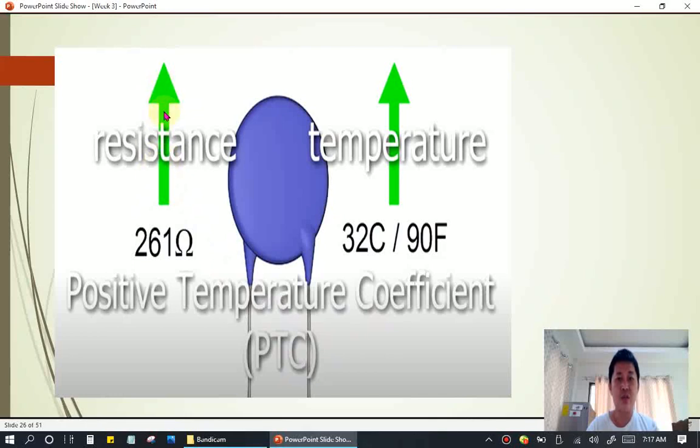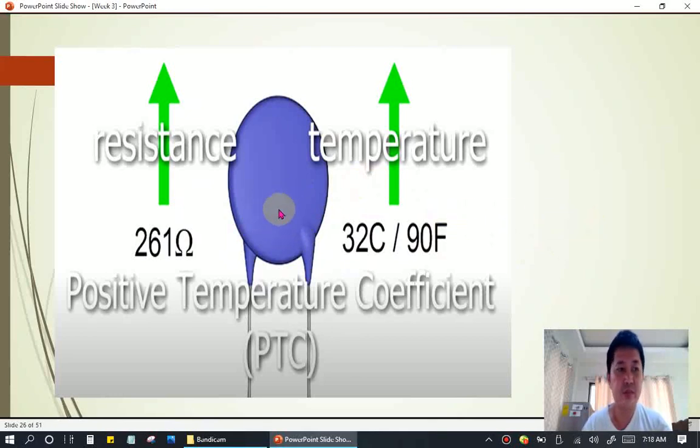The resistance here is 261 ohms, and the temperature also increases. We have 32 degrees Celsius or 90 degrees Fahrenheit. If the resistance increases, the temperature also increases with this, what we call a thermistor.